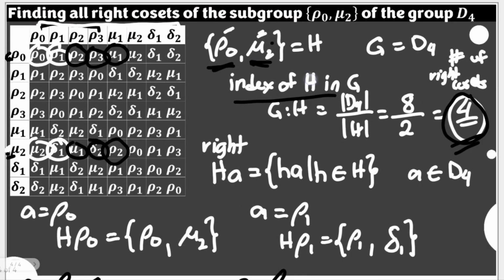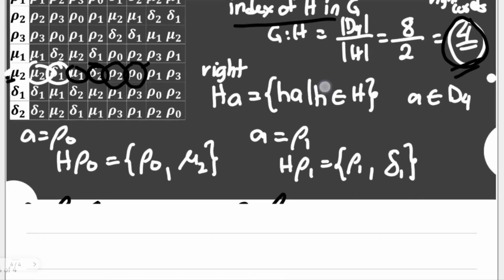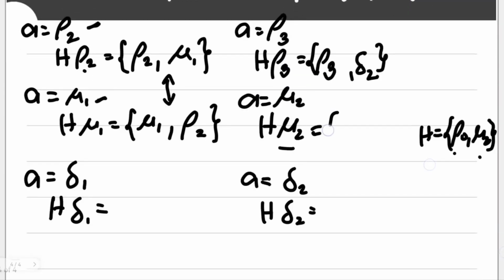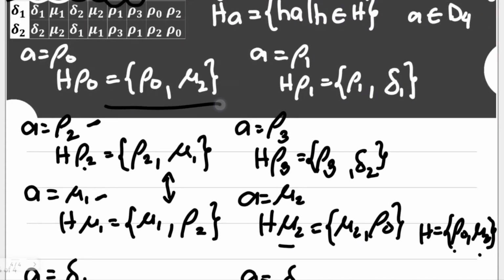So rho sub 0 and mu sub 2 is mu sub 2. Take note of that. Then mu sub 2 and mu sub 2 is rho sub 0. The results are mu sub 2 and rho sub 0. So this is actually mu sub 2 and rho sub 0. This is actually similar to this first right coset. Rho sub 0, mu sub 2. So again, it's counted once. Okay, we're still at 4.